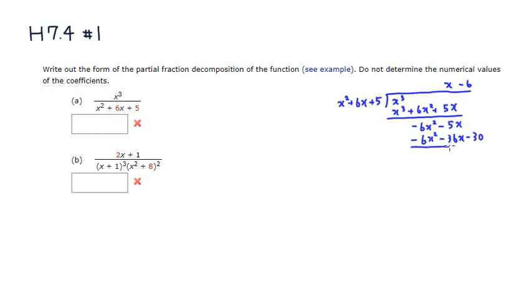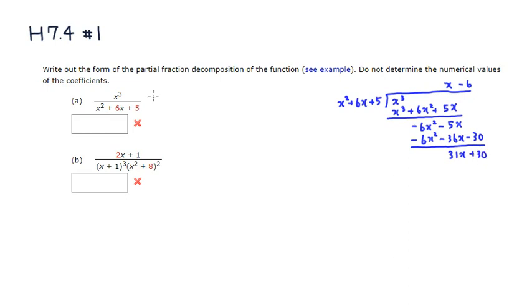Then do the subtraction again. Negative 5x minus negative 36x, so you're adding 36x, gives a positive 31x. And 0 minus negative 30 is plus 30.